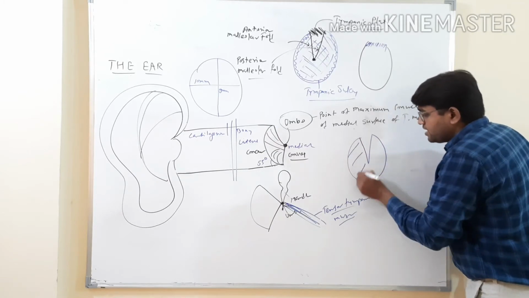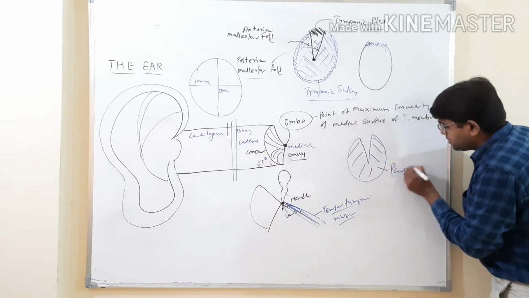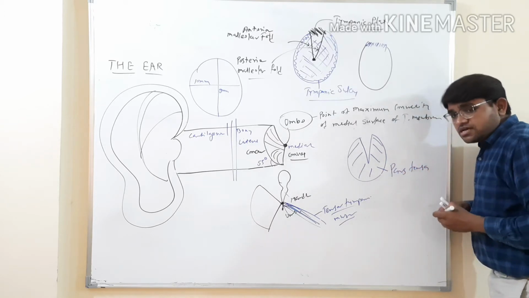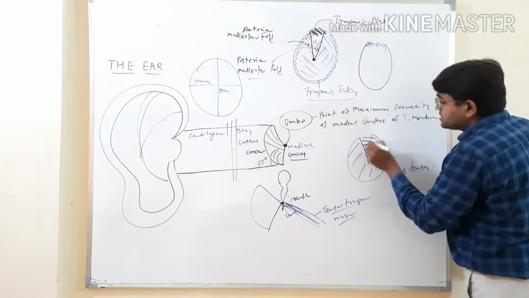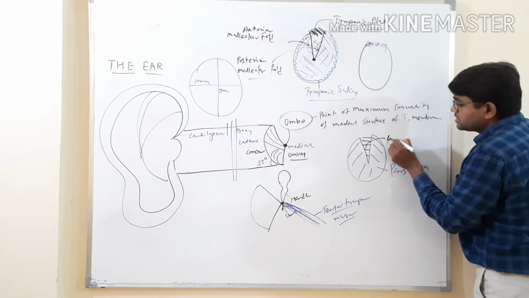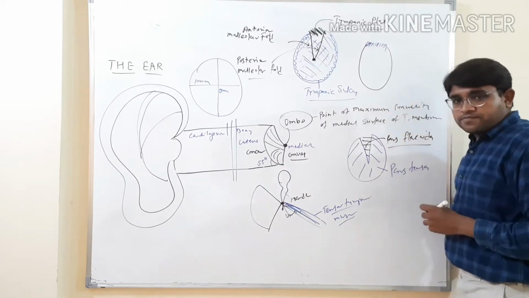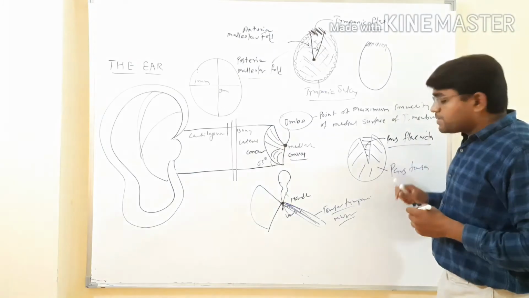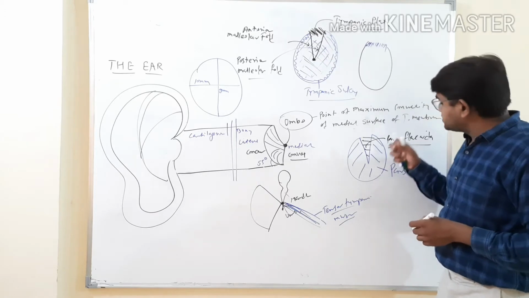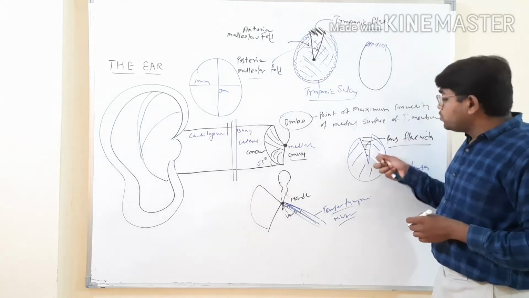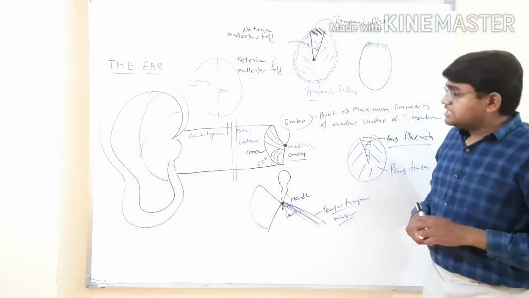This area is always tense in nature and is known as the pars tensa, whereas the part between these two malleolar folds remains flaccid, so it is known as the pars flaccida. Okay, so pars tensa is a tense area of the tympanic membrane, whereas pars flaccida is a flaccid or loose part between these two malleolar folds.